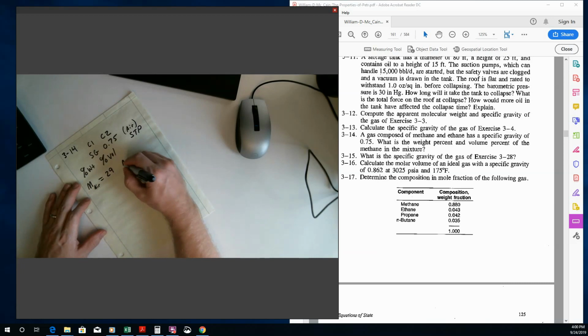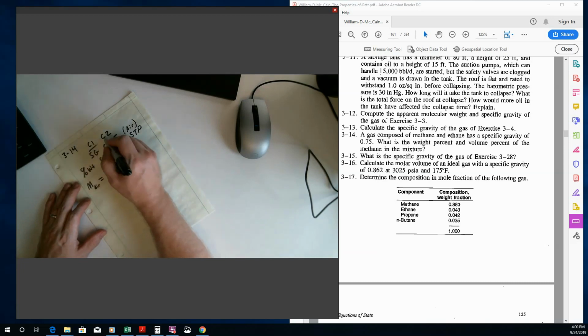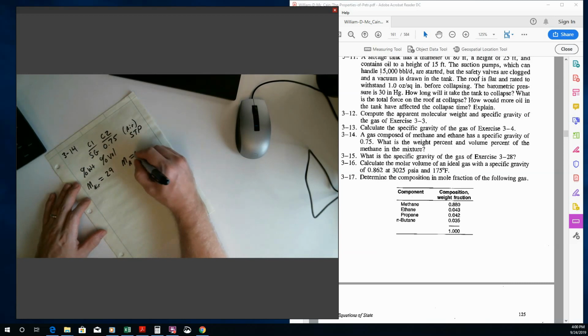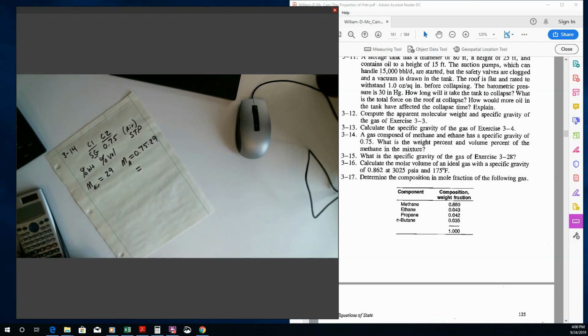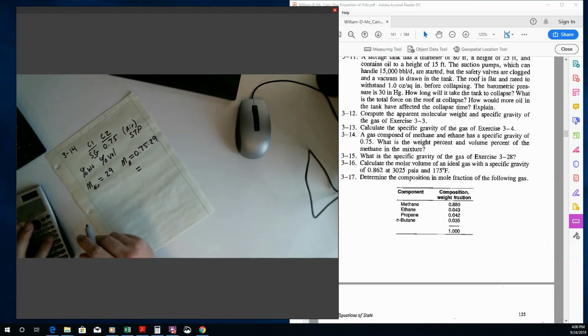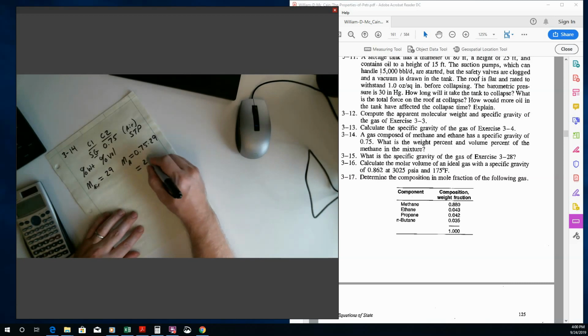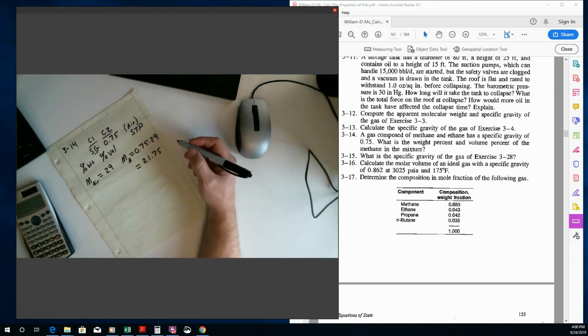So the apparent molecular weight of the mixture of C1 and C2 would be 0.75, which is our specific gravity, times 29. That value should be 21.75, our mixture molecular weight.